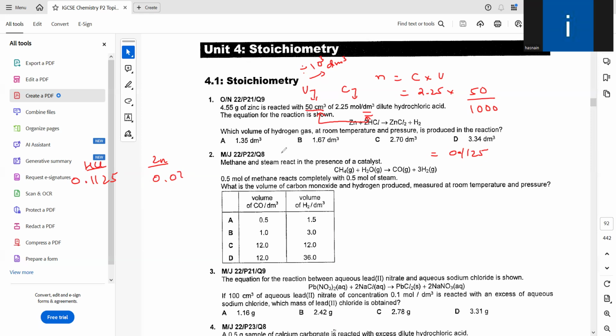If you compare both of these in the given equation, zinc and HCl are consumed, used up to make hydrogen. But zinc is consumed slower than HCl, because for every 1 mole of zinc, there are 2 moles of HCl being used, right?